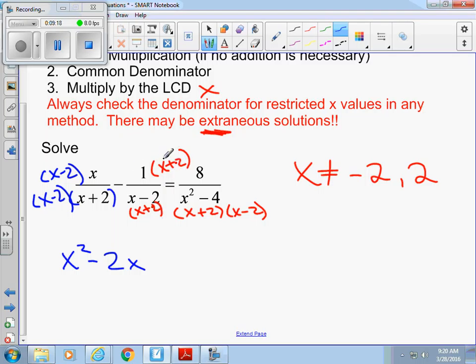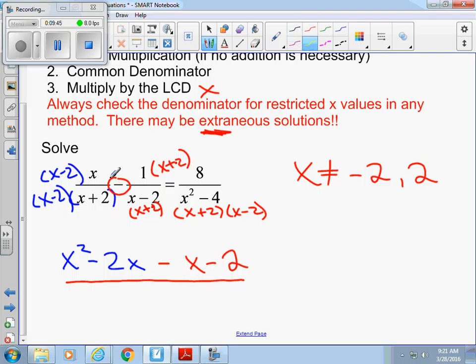I want you to tell me what I should get here. What should I get on that next one? Say that again. Negative 1x. Good. Very good. Why -2? That's something we forget a lot. Remember this negative.